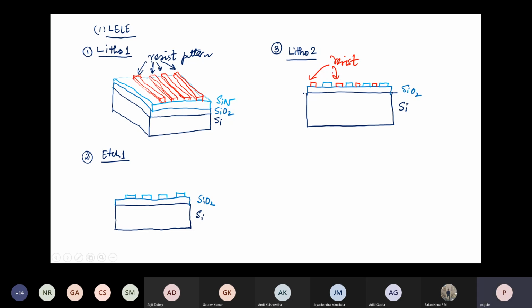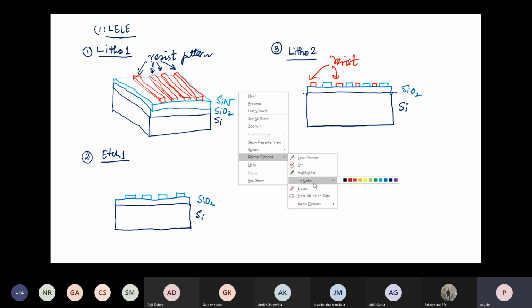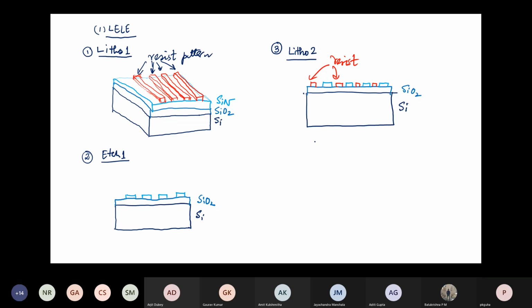Now I am going to do another etching, H2.